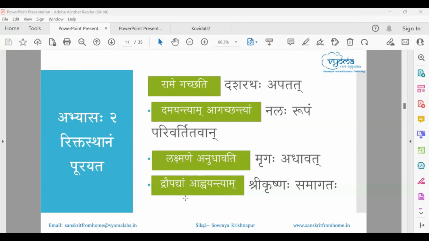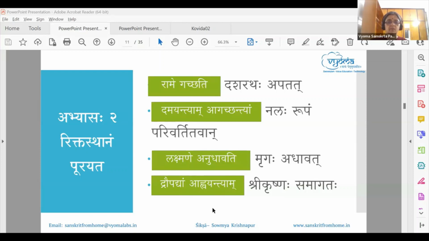And then next. Draupadyam Ahvayantyam Sri Krishnaha Samagataha. So when Draupadi called, Sri Krishna came. When Draupadi was calling, to be very precise, this Shatra is a continuous action. So Draupadyam Ahvayantyam, as she was calling Sri Krishna Samagataha, he came.